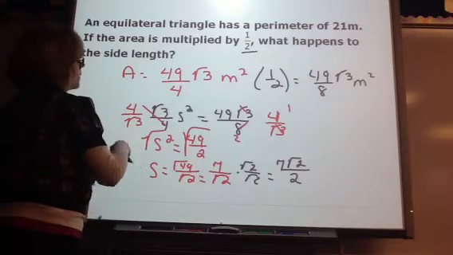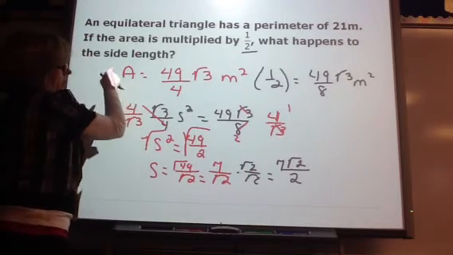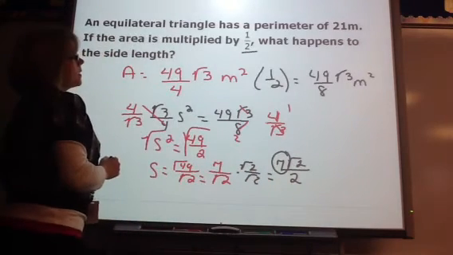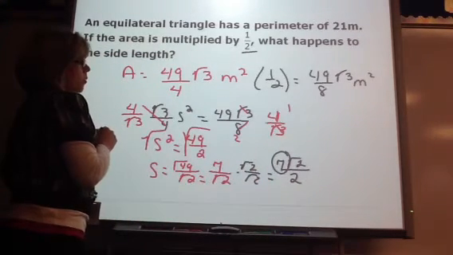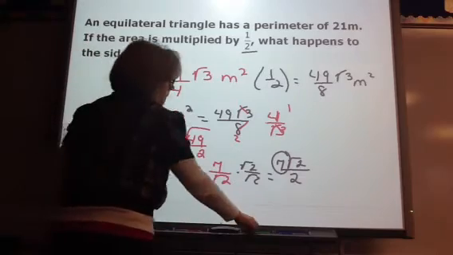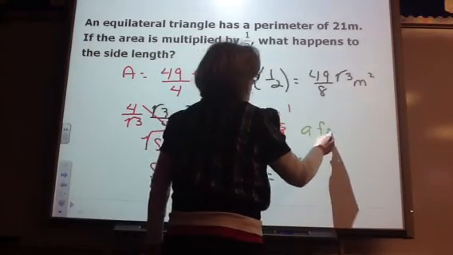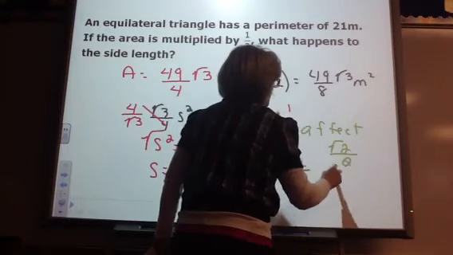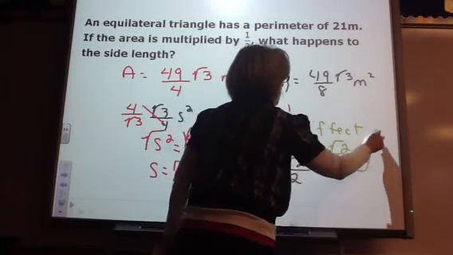Okay, so 7, up in your work, 7 is our starting side for this problem. So what's the effect? The effect is that you multiply the side by square root of 2 over 2.